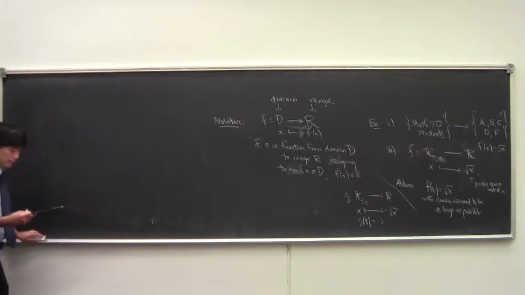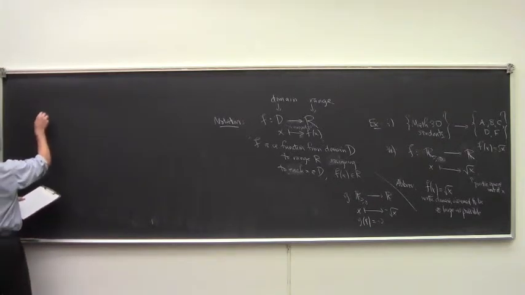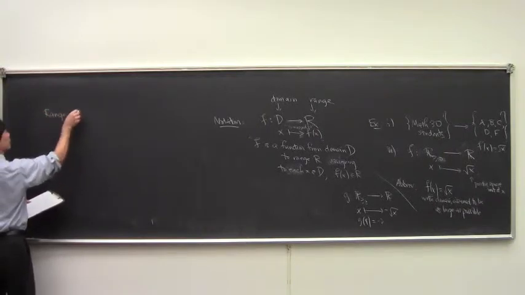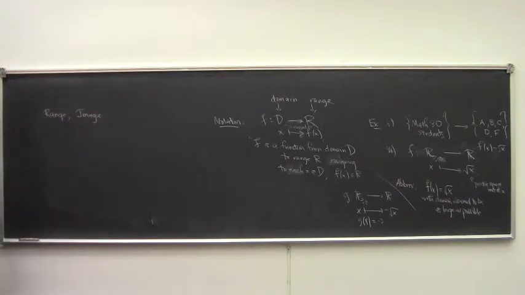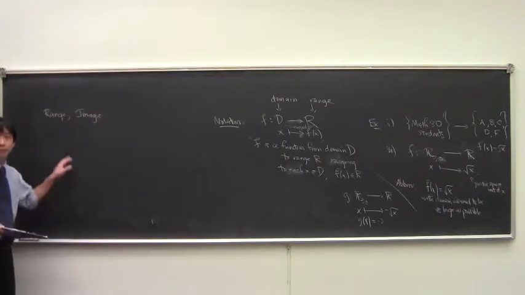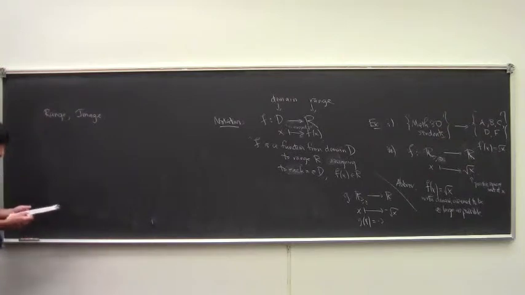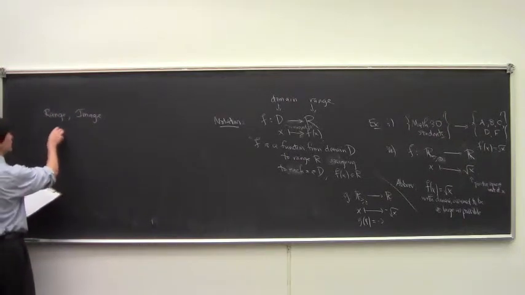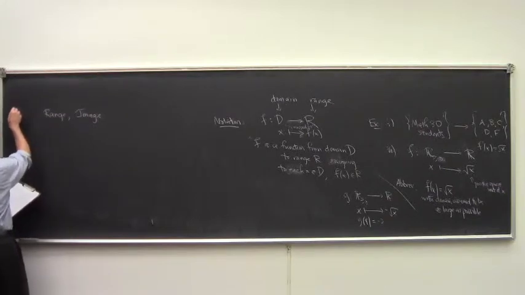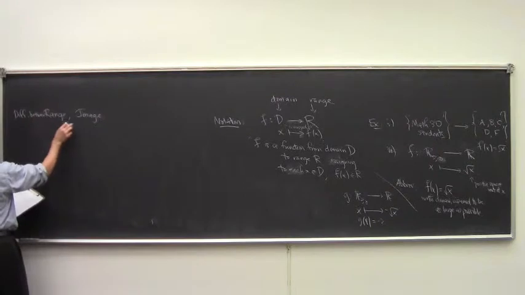Let's see. I'm going to make one comment about a term, image. There's a term called range and a term called image. Sometimes people conflate these terms, but there's actually a difference between range and image.